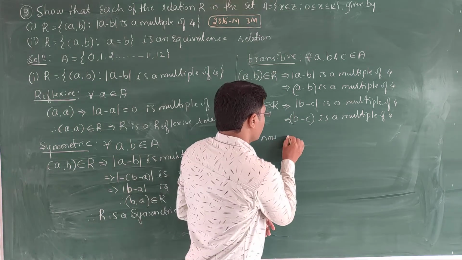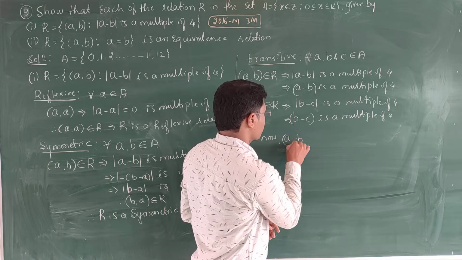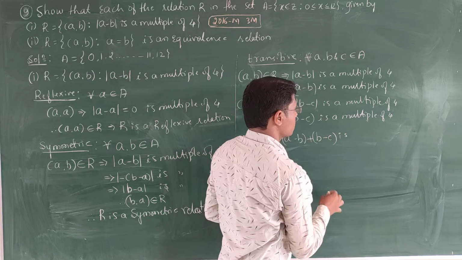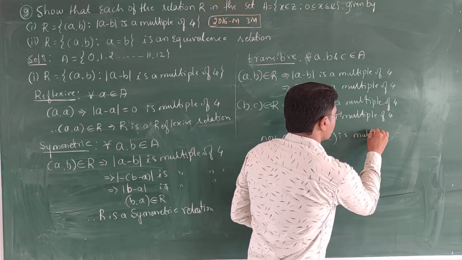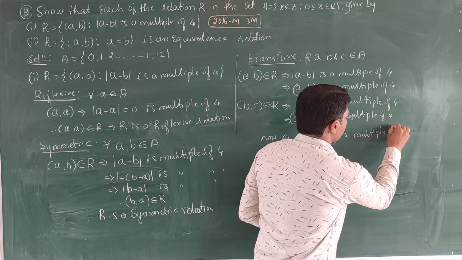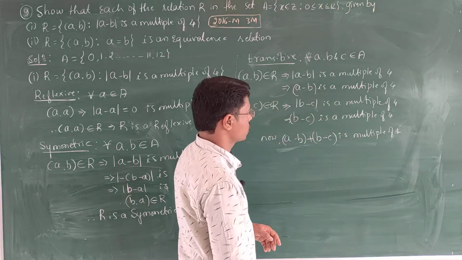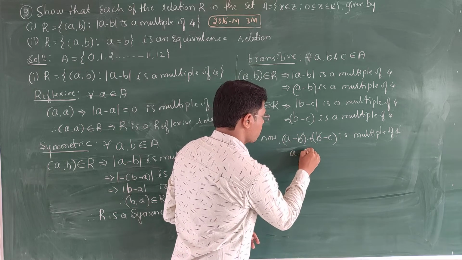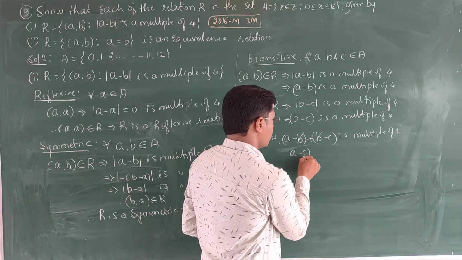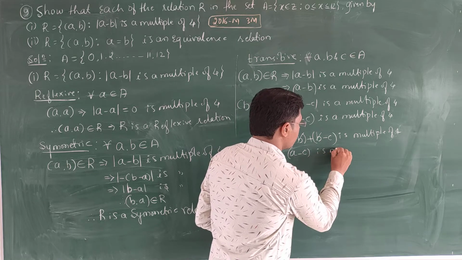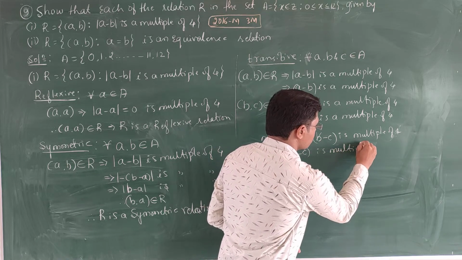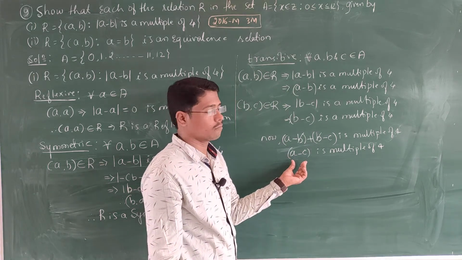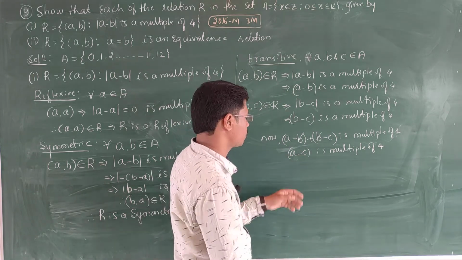Therefore (a - b) + (b - c) is a multiple of 4. The -b and +b cancel here, so a - c is a multiple of 4. We can apply mod to this because it is a positive value only now.